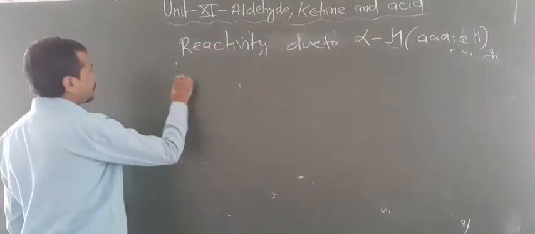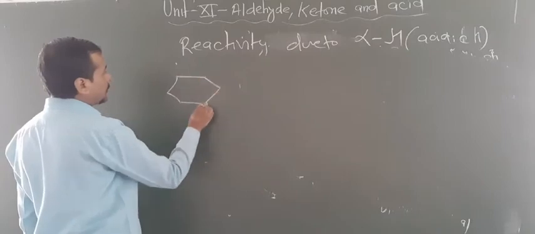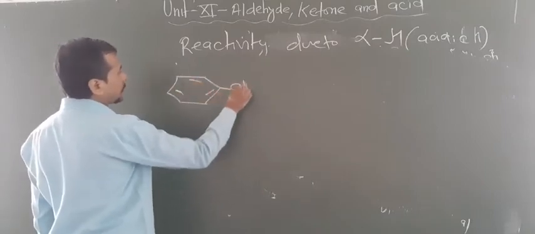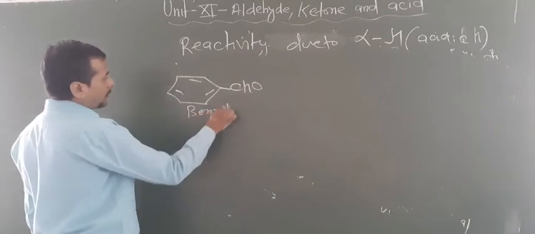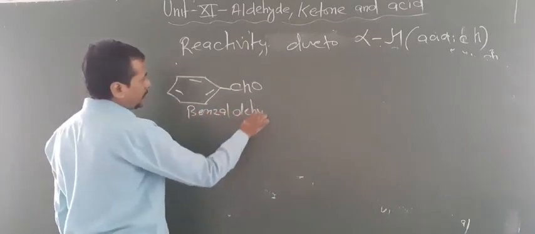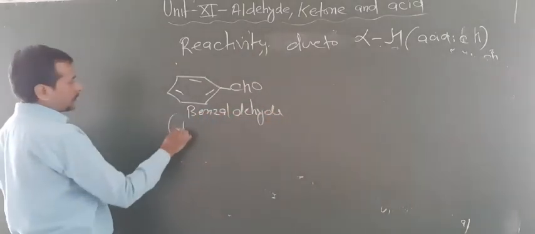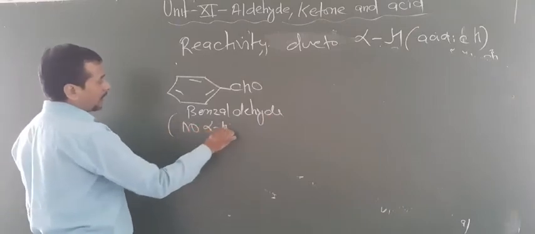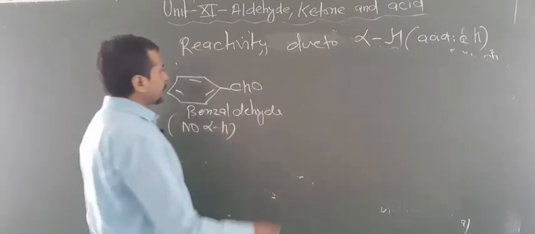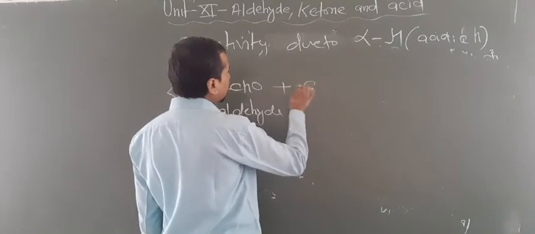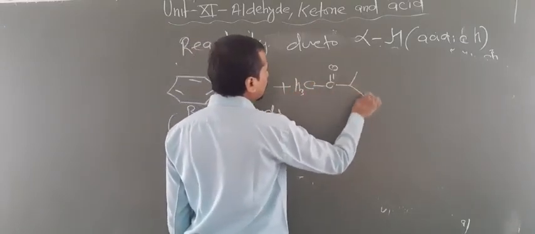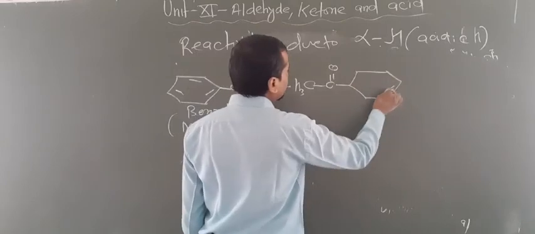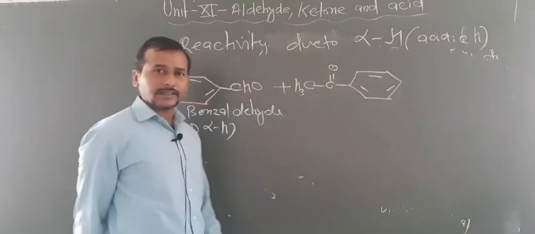Look at the example of benzaldehyde, which has no alpha H. This will react with acetophenone having 3 alpha H, but for this reaction you require at least 1 alpha H.